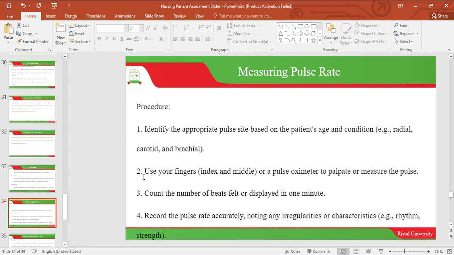The second point in the procedure is that the nurse should use fingers, that is the index and middle finger, or he or she can use a pulse oximeter to palpate or measure the pulse. The nurse counts the number of beats felt or displayed in 1 minute. Then record the pulse rate accurately, noting any irregularities or characteristics such as the rhythm and strength.